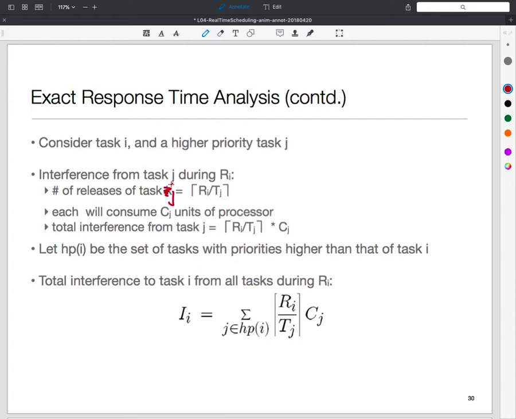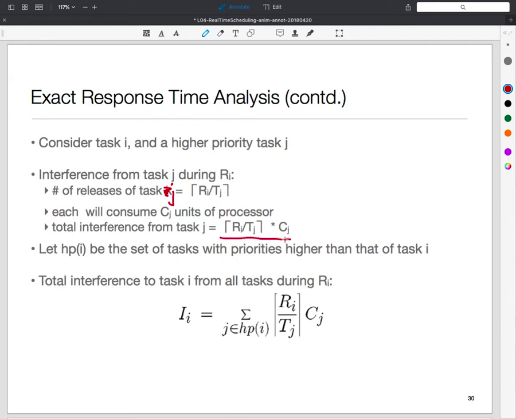And each time it arrives, since it has a higher priority, it will run to completion. So each one of those will need C sub j time on the CPU. So the total time task j will have on the CPU is the number of times it arrives times the computation time.